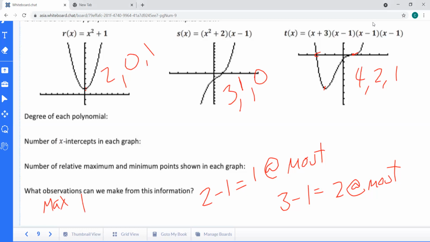All I could say is that there would be a possibility of having a degree of 2. It would have to be at least 2. But I couldn't give you any more information than that. I could just give you an estimation.